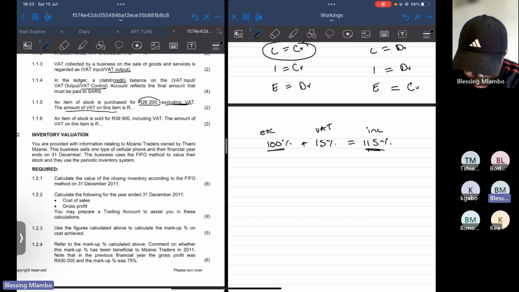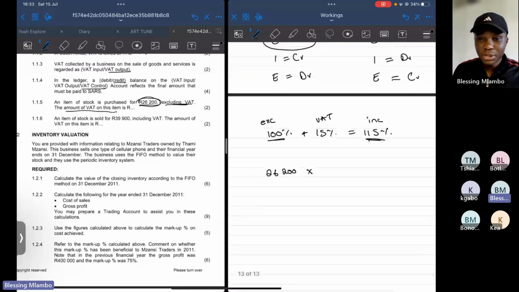So here they tell you that an item of stock is purchased for 26,200. So meaning that the business purchased stock from a supplier for 26,200, excluding the VAT. So we use the method, I'm sure you guys have heard of the method, what you want on top over what you already have.